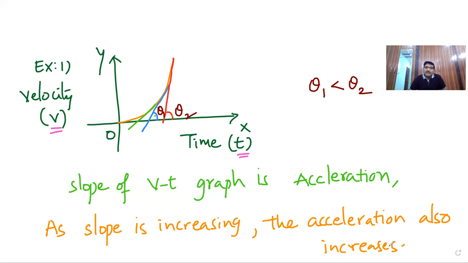The slope of the velocity time graph is nothing but acceleration. So as the slope is increasing, the acceleration also increases. That means the above type of graph indicates an increase in acceleration. Just by observing the slope, we can tell how the acceleration is changing. Is it clear?